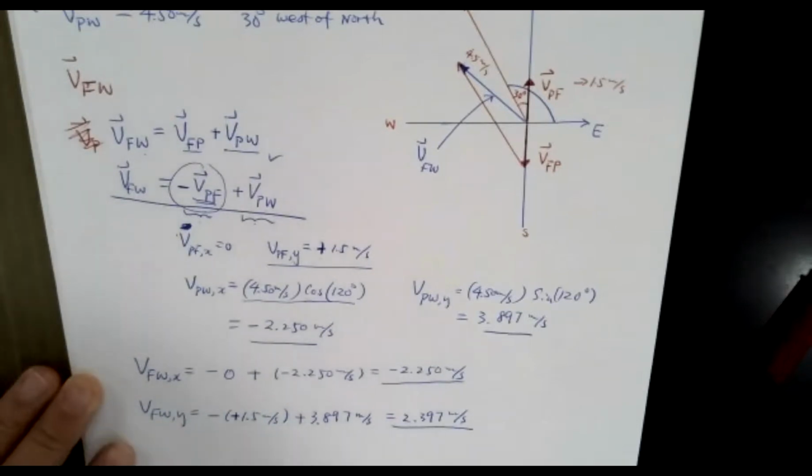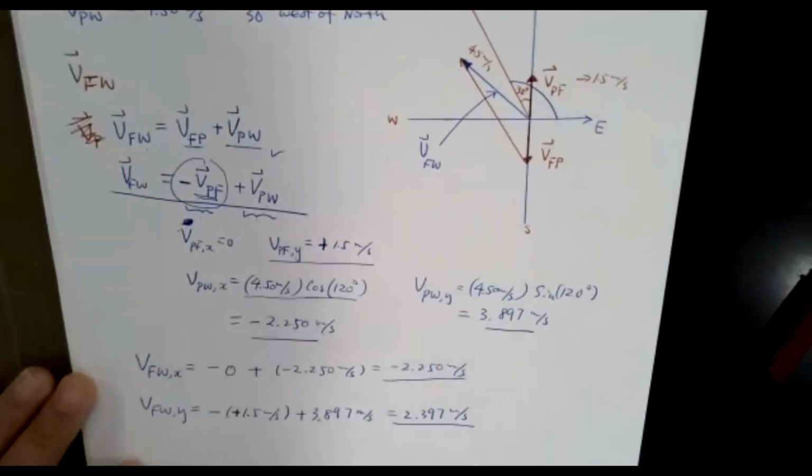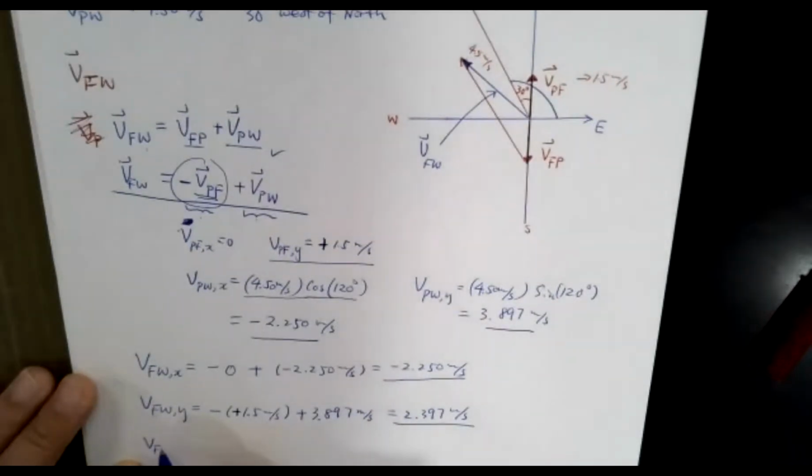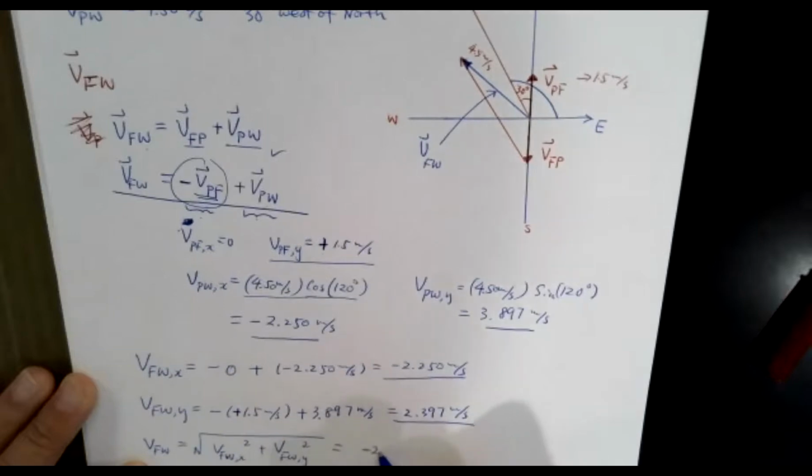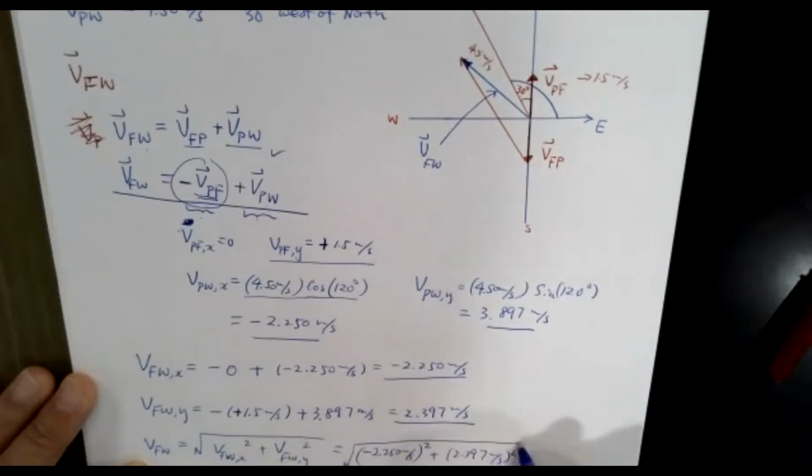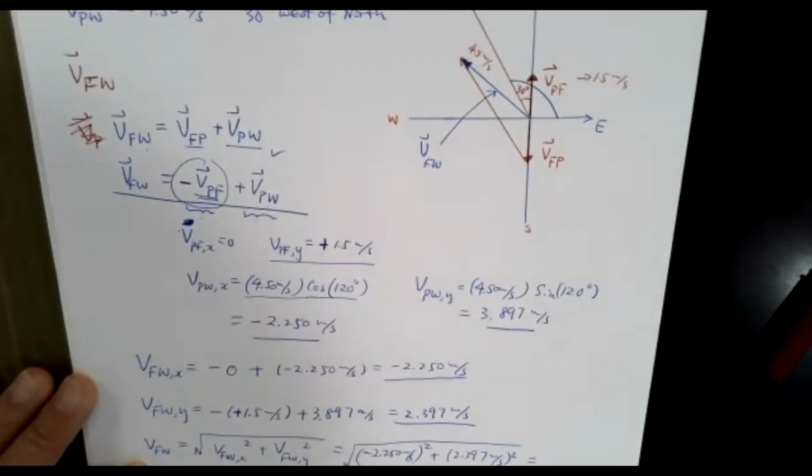So once you have the two components, then you can calculate its magnitude. The magnitude, without the arrow, is the x component squared plus the y component squared. Minus 2.250 meters per second squared plus 2.397 squared.